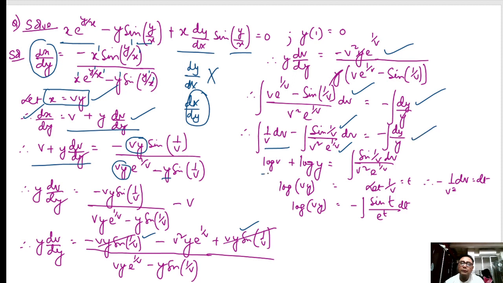Now this is log v, and for this let us take 1 by v as t. So minus 1 by v square dv equals dt. Here it is minus 1 by v square dv, and so it becomes dt.